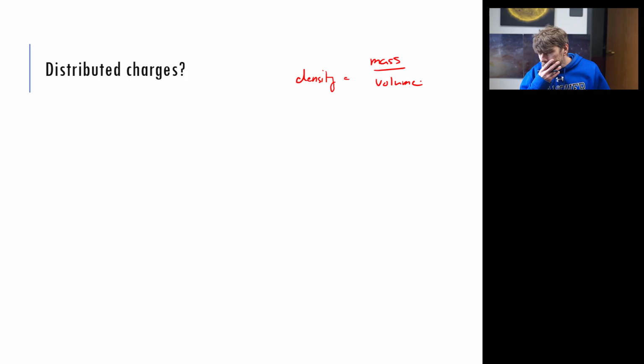For example, something like cost density. How much does an object cost per unit volume? Where have you seen cost density? Dollars per gallon, for example. You are dealing with a density, but it's not mass, rather it's how much money.